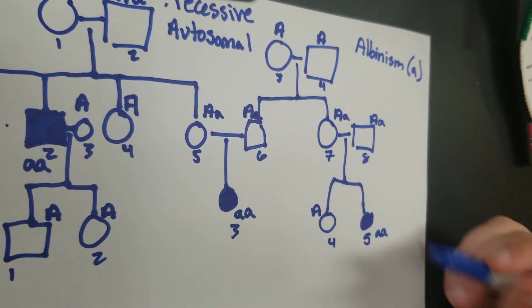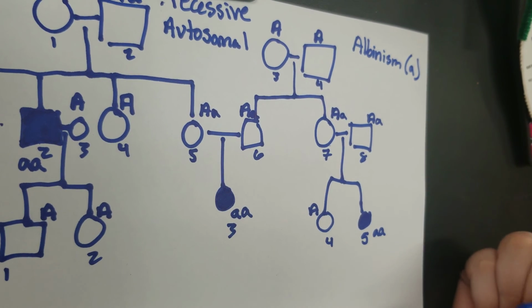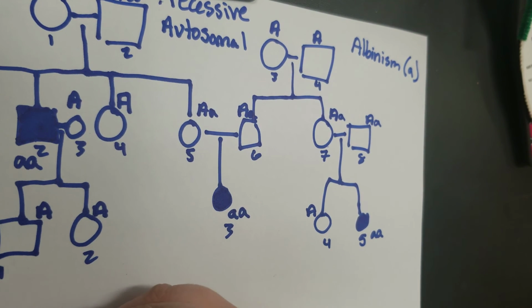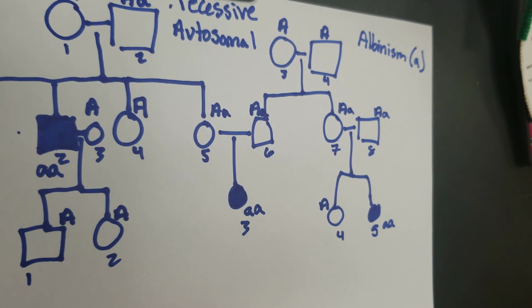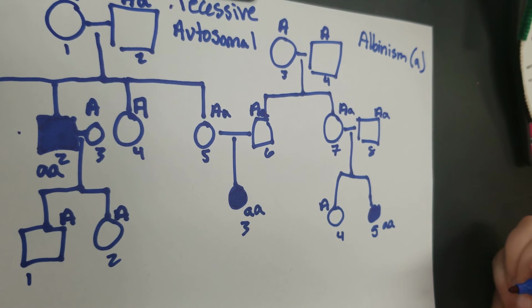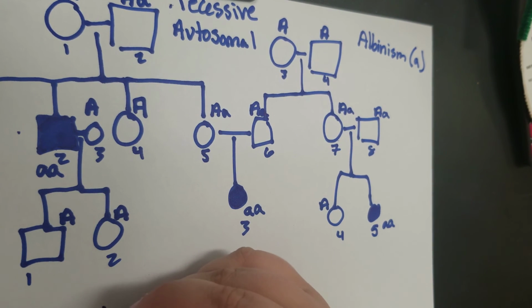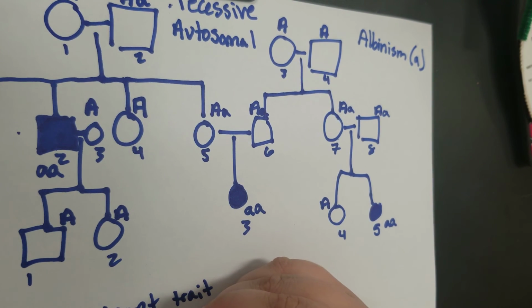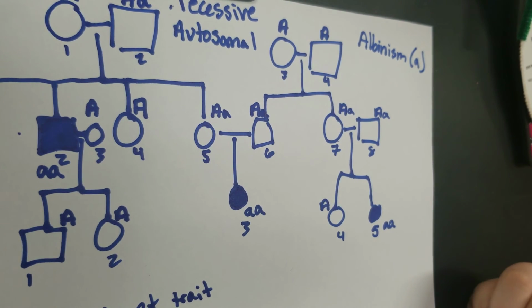Now, if you are trying to find a dominant trait, you would see parents that are shaded in. They could either have a child who is shaded in as well, or they could have a child who's not. This is because for a dominant trait, you can either be homozygous dominant or heterozygous.